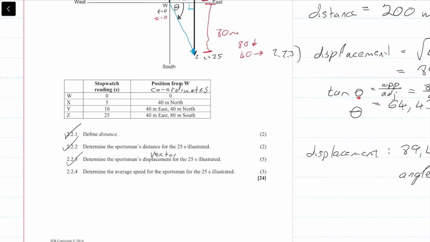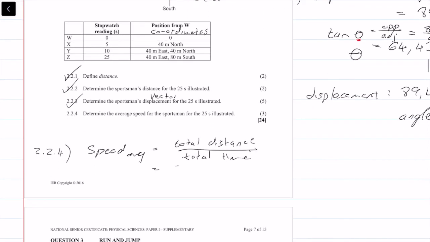Question 2.2.4, determine the average speed for the sportsman. Average speed is just equal to the total distance divided by the total time. We already calculated the total distance as 200 meters over the total time, which was 25 seconds.